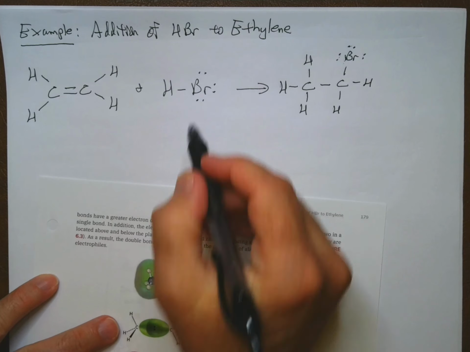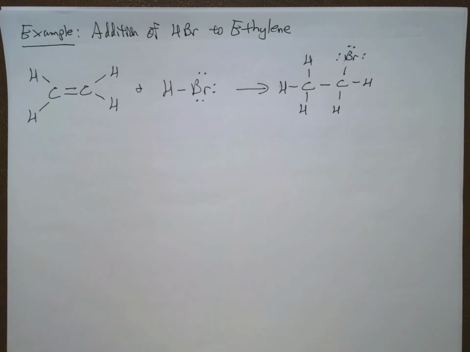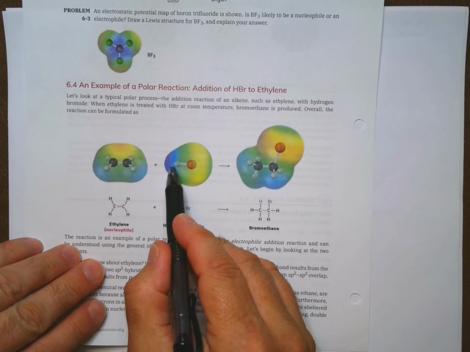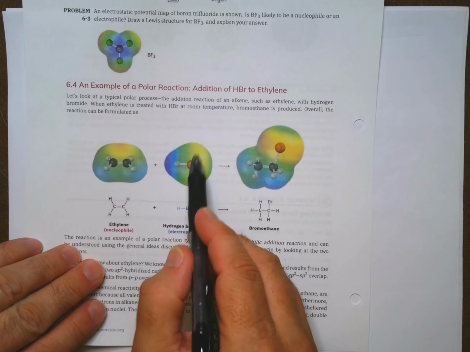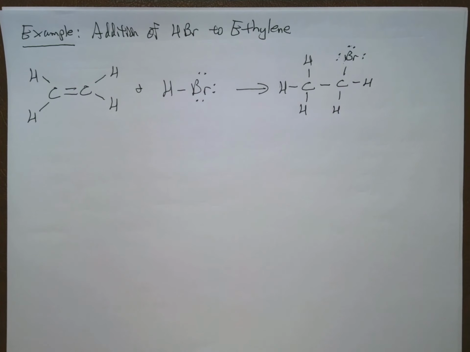All right, so I know I've got HBr, and that molecule is polar. I can look at my electron density map here and see that the blue area is more positive and the more reddish color is more negative, or greater electron density. So this is definitely polar.